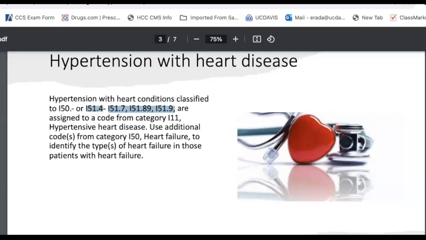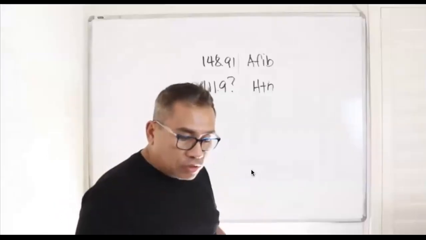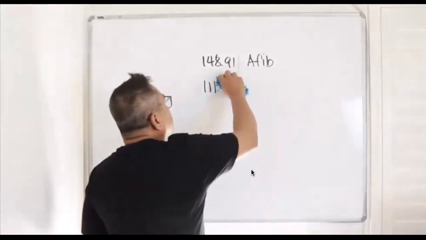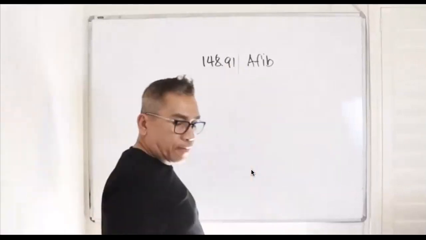So this is what I'm saying, guys, you've got to be careful with the guidelines. The guidelines say you only assign I-11 if the heart conditions you are associating hypertension with have these codes. Since atrial fibrillation is not one of these conditions, your hypertension code remains I-10.